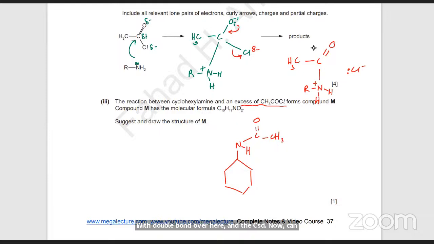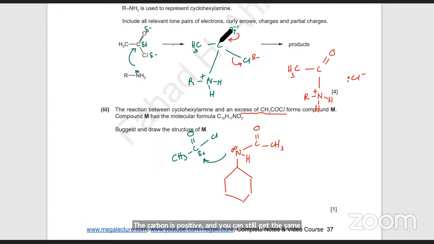Now, can this molecule react further? It still has a lone pair. So if I add another CH3COCl, the carbon is positive, and you can still get the same nucleophilic addition elimination.